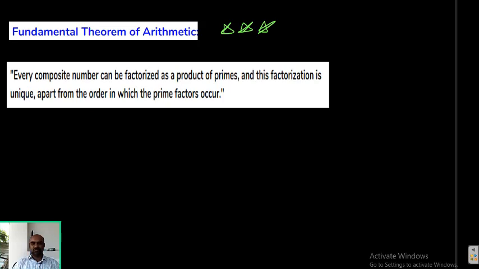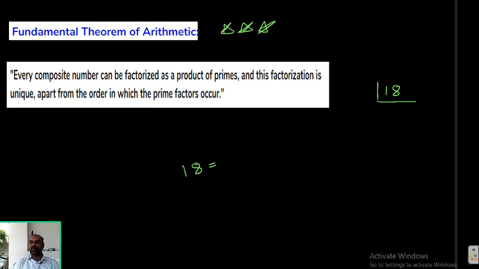What it says, orally: for example, a number 18 is given. 18 can be written as a product of prime numbers in a unique way. What is the meaning of unique way? We want to write 18 as a product of primes. I am using the division method to find the prime factors of 18.